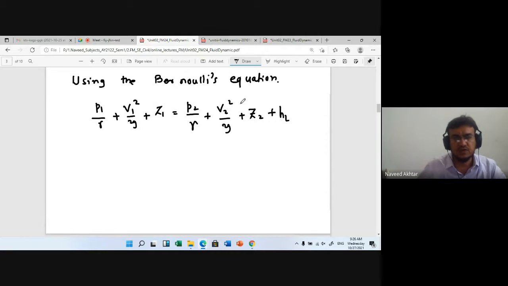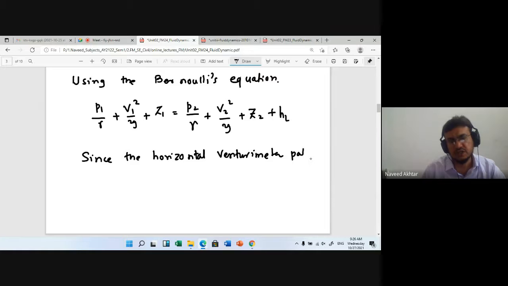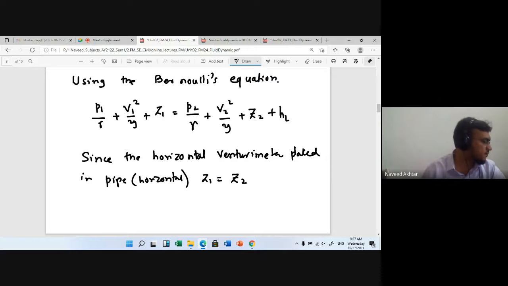Now, since this is a horizontal pipe, Z1 is equal to Z2 because both are the same, so we will not consider them.